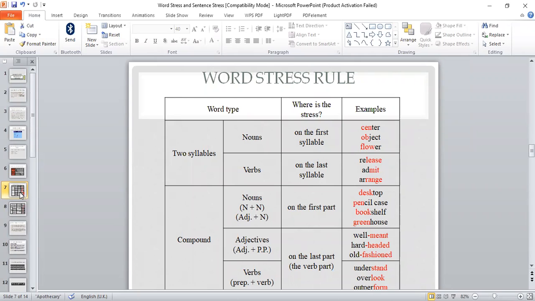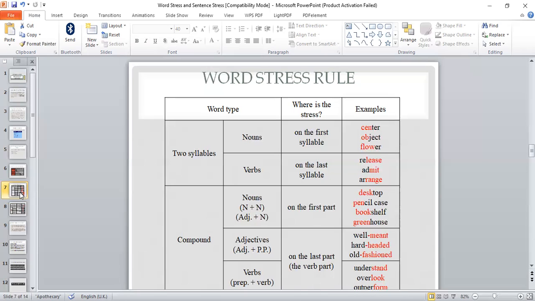The second thing is, where is the stress? That is, if we look at word types, now we are talking about the word forms or part of speech. Now, which part of it can be stressed? That is, which syllable can be stressed? If you have maybe a disyllabic word, a trisyllabic word, or a polysyllabic word, which syllable in each of these words can be stressed?